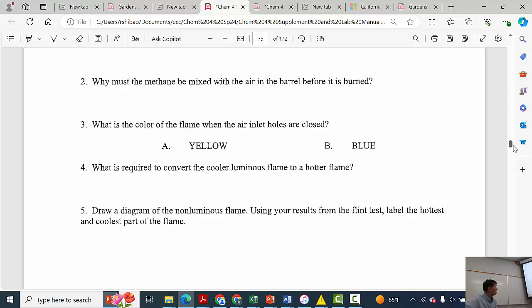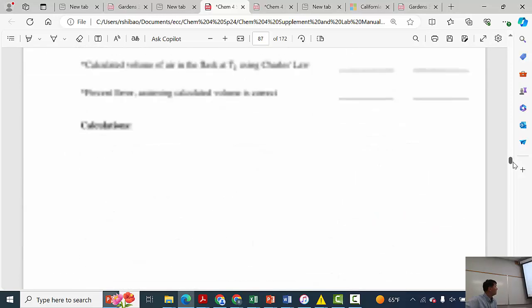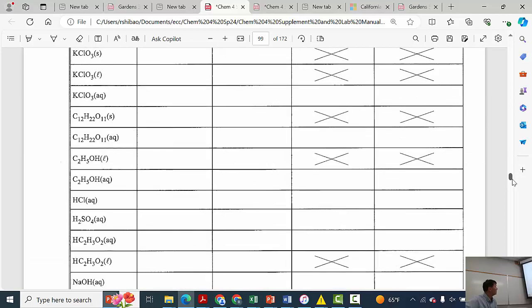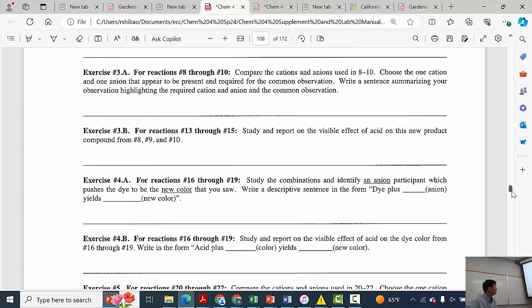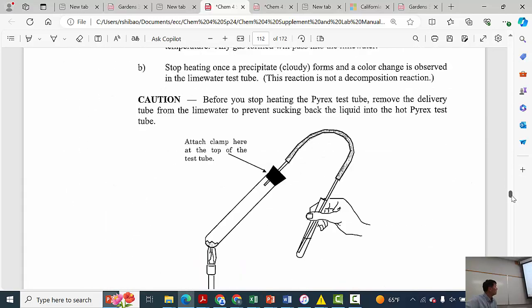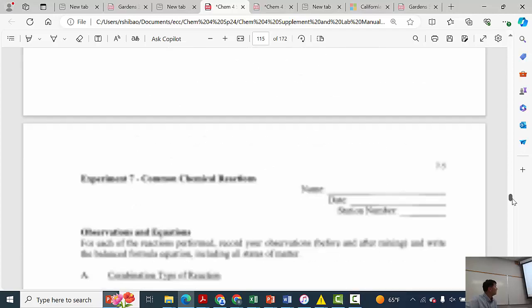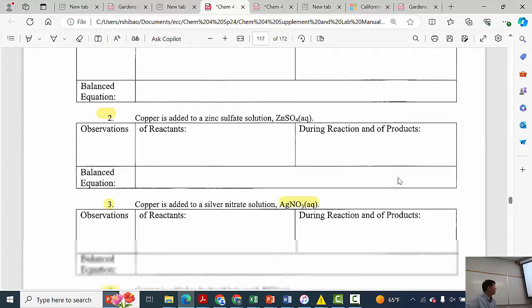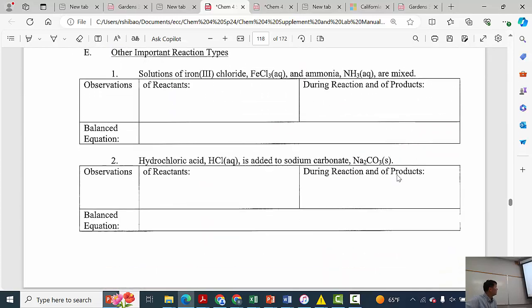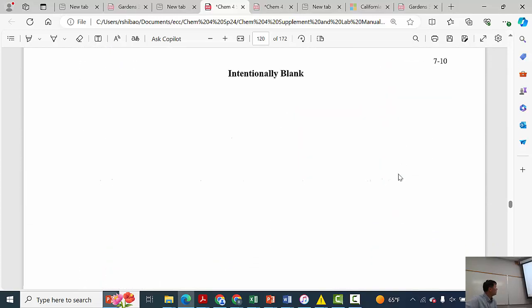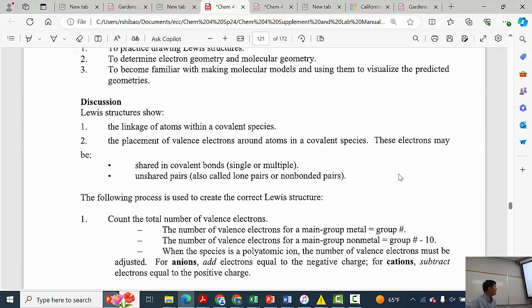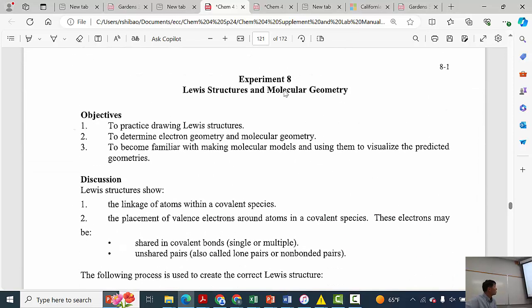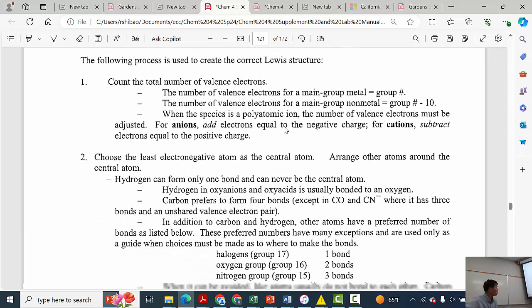Go back to experiment 8. Lewis structures and molecular geometry. So we're going to focus on this part, the Lewis structures, and then later on we'll look at the molecular geometry.